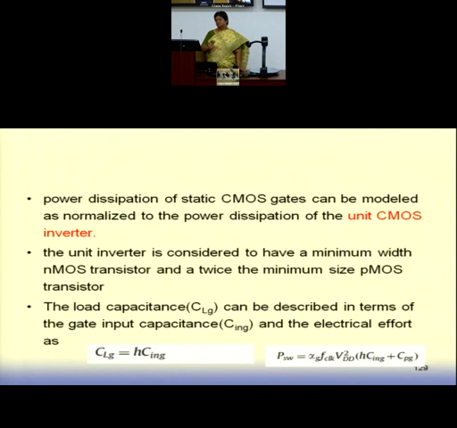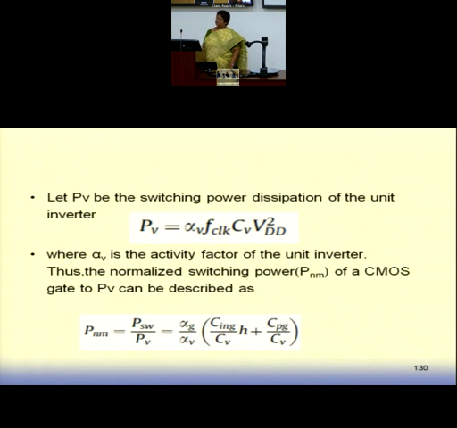Now, what is the switching power consumption of my standard CMOS inverter? Because I said I would be normalizing with respect to the standard CMOS inverter. Let me write the expression for that.